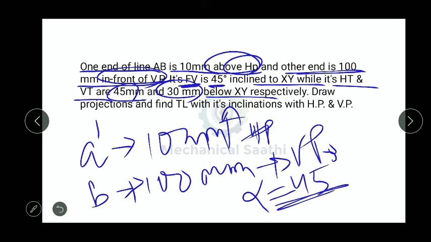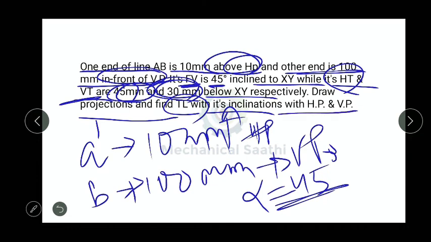Your horizontal trace is present 45 below the XY, and your vertical trace is present 30 below XY. Draw the projections and find the true length with its inclination with your HP and VP.